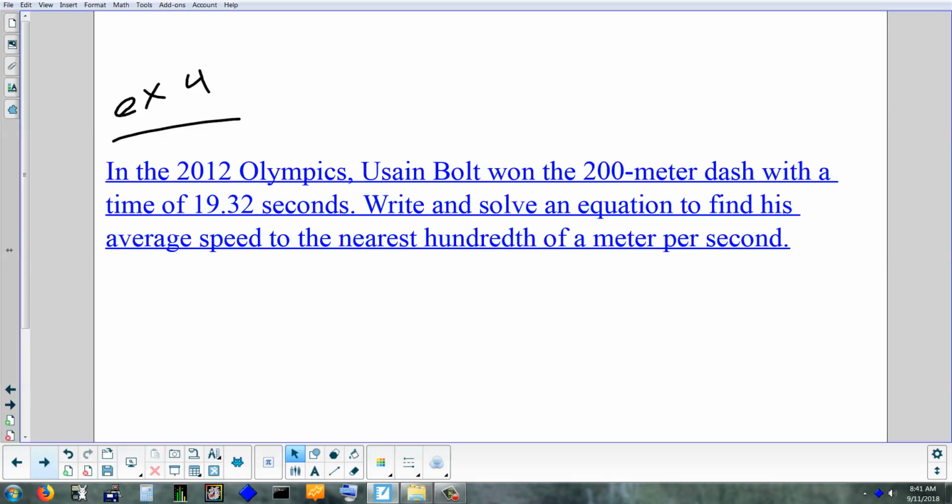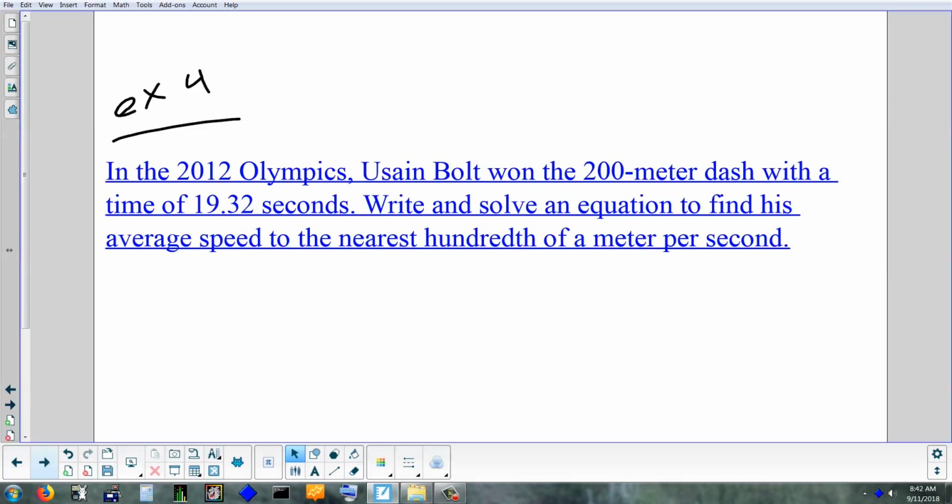Alright, so in example 4, it says, in the 2012 Olympics, Usain Bolt won the 200-meter dash with a time of 19.32 seconds. Write and solve an equation to find basically how fast he was running.